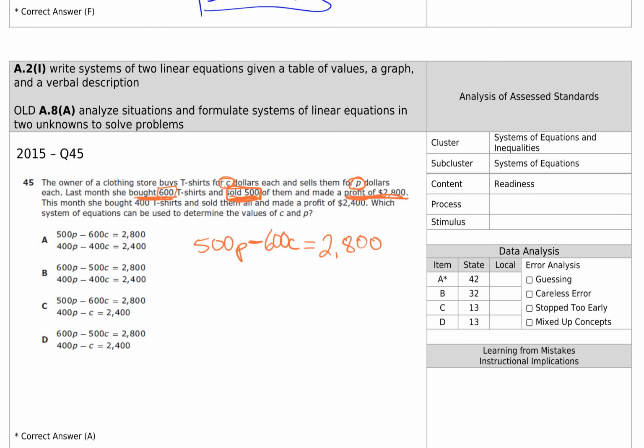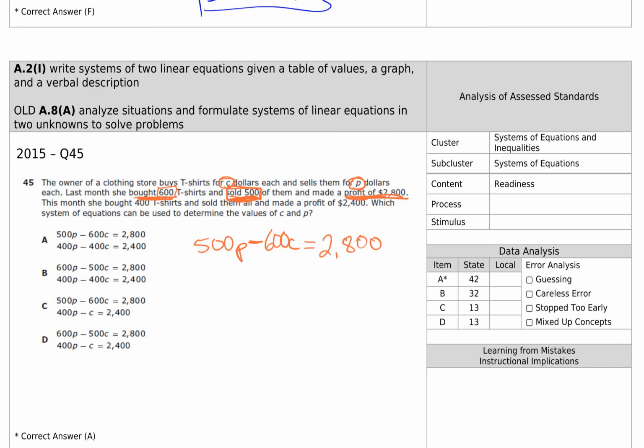Let's think that through and make sure it's right. 500 shirts, and we sold it for a price of P, so we multiply that and get how much money came in. We spent 600 times however much the shirts cost us to buy. So the total amount in minus the amount we spent gives us 2,800. That makes sense.